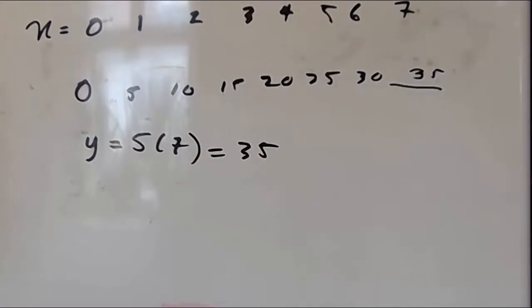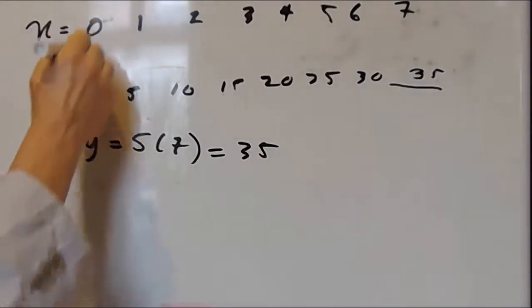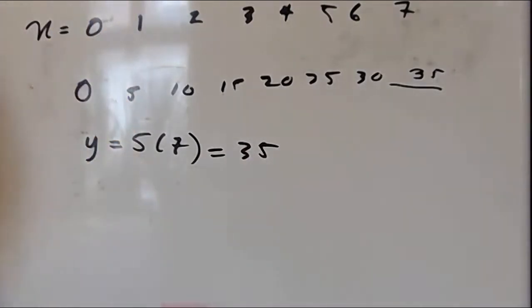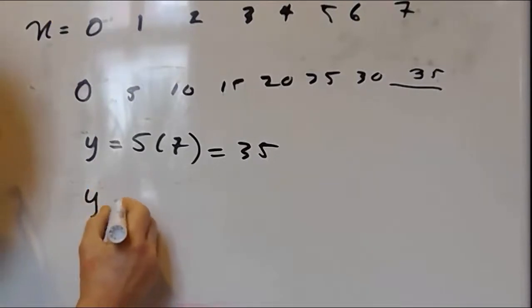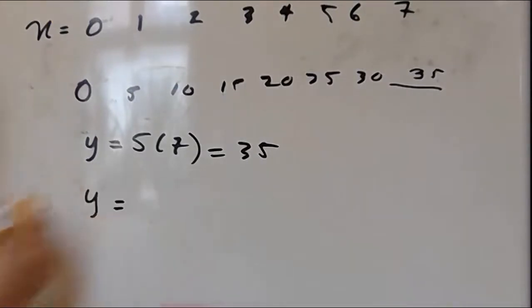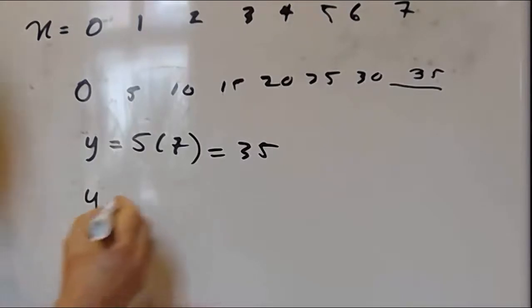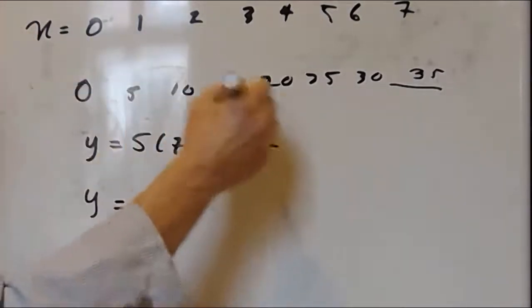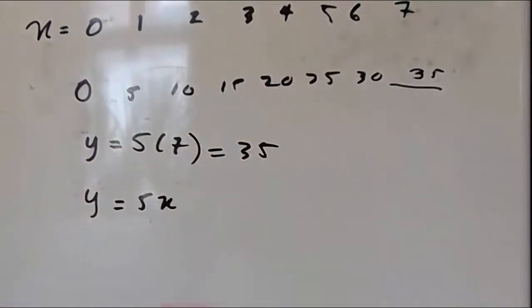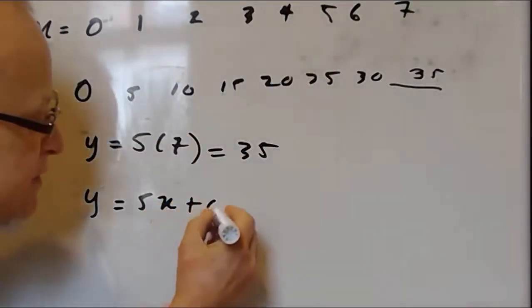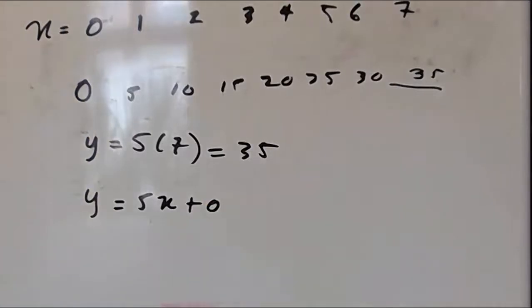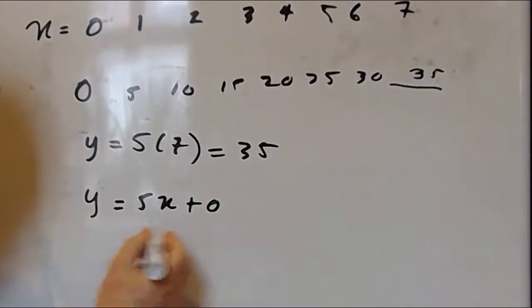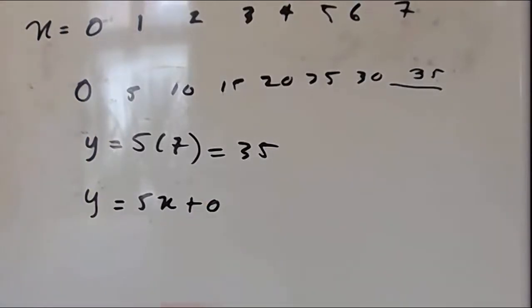Another way to write this is to understand that technically we're starting at 0, and we can have y is equal to 5n, since it's always increasing by 5, plus 0. And if you notice, this begins to look very similar to a linear equation.